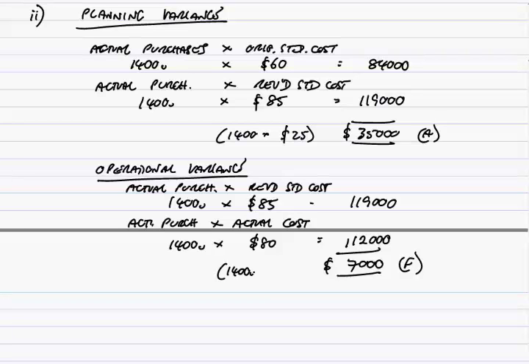The 1400 units we bought, we'd revised, we should have paid 85, we only paid 80. We saved $5 a unit. And again, the examiner was very kind. She'd already given us the total price variance, 28,000. Well, 35 adverse, 7 favourable. It does check.